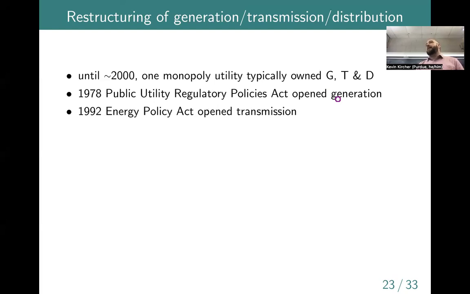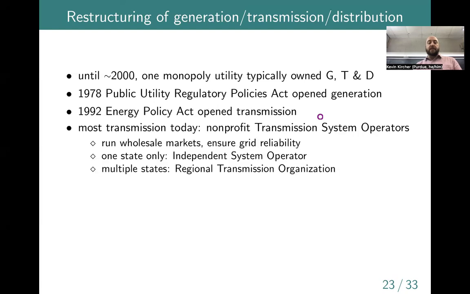And the companies that owned the transmission and distribution systems were obligated to buy power from these other companies. So that broke up the generation side a little bit. And then in 1992, at the end of the George H.W. Bush era, the Energy Policy Act was passed, and that laid the groundwork to open up the transmission system to competition.